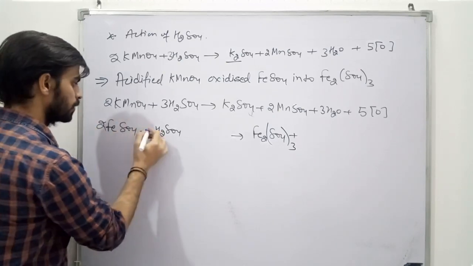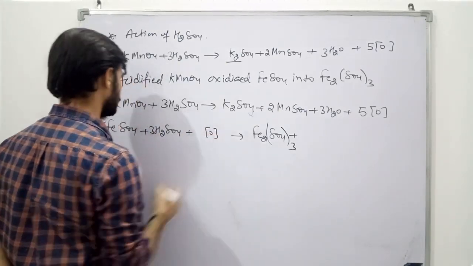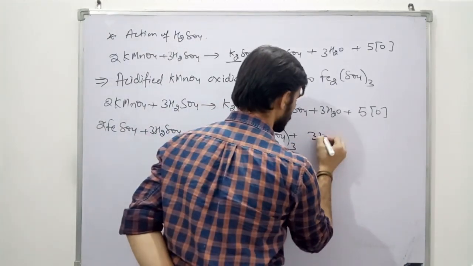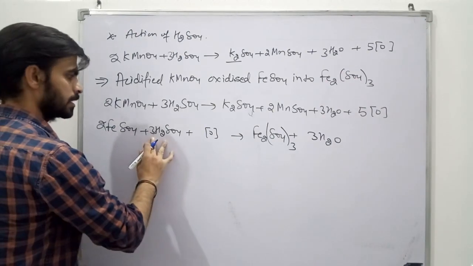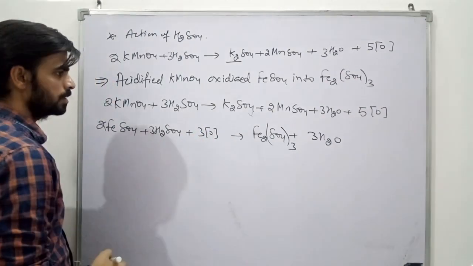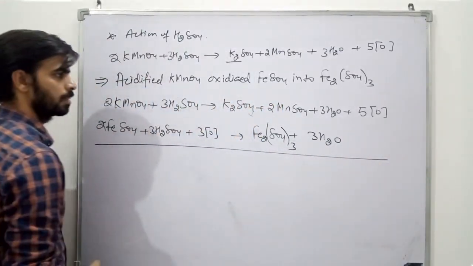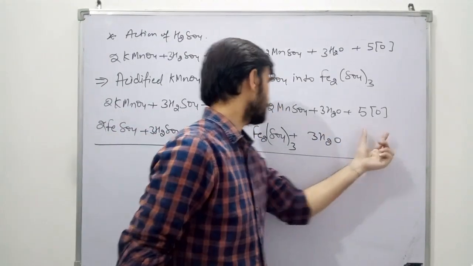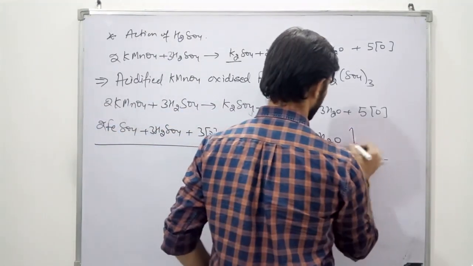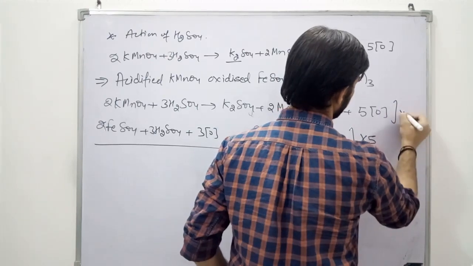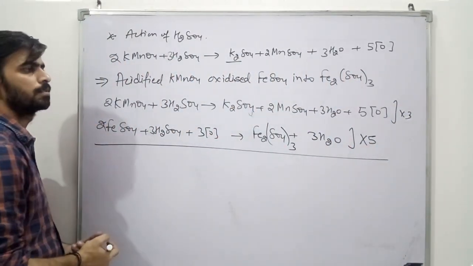Now we have to multiply this equation by 3. Now take the oxygen, then 3 times H2O, 3 to 6. So we have to take 3 nascent oxygen. Now we have 5 nascent oxygen here and 3 nascent oxygen here. So multiply this equation by 5 and that equation by 3, and the final result will be your answer.